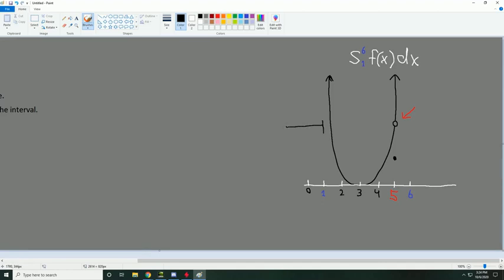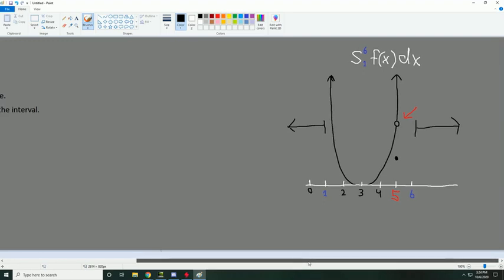Anything to the left or to the right of that, we don't care about at all. We're just worried about the values within our interval. We have a point of discontinuity within the interval, so therefore it would be improper.